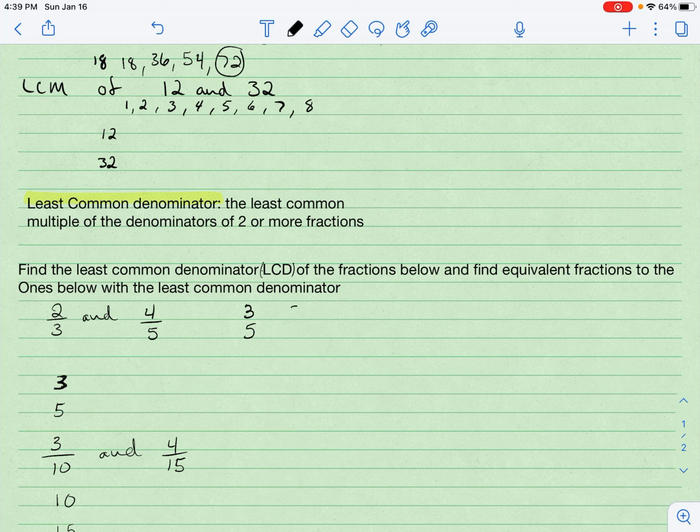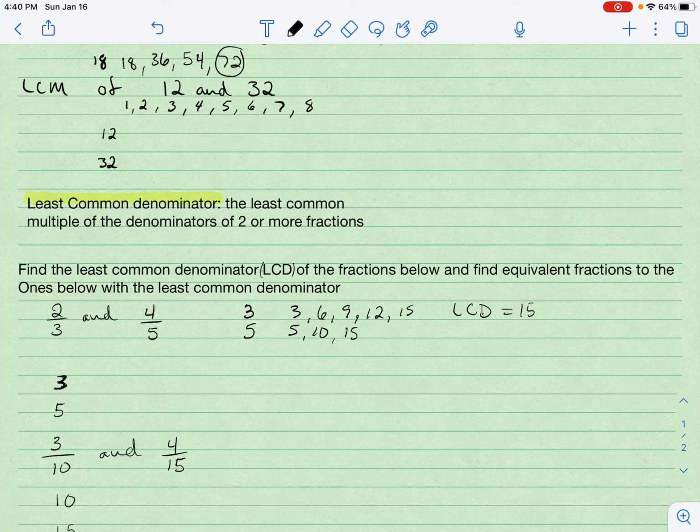So if you list out, you have 3, 5. This would be 6, 9, 12, 15. And we can stop there because we know 15 is a multiple of 5. So 15 is the least common multiple, or the LCD, least common denominator, equals 15.